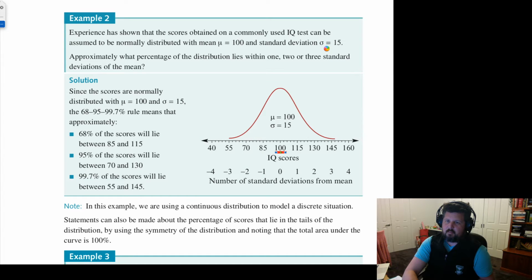By labeling these on here with the mean and also the standard deviations, you can then answer these types of questions around the 68%, the 95%, the 99.7%. So with this, because we've said 68% of the scores lie within one standard deviation from the mean, whoop, actually that's a straight line.